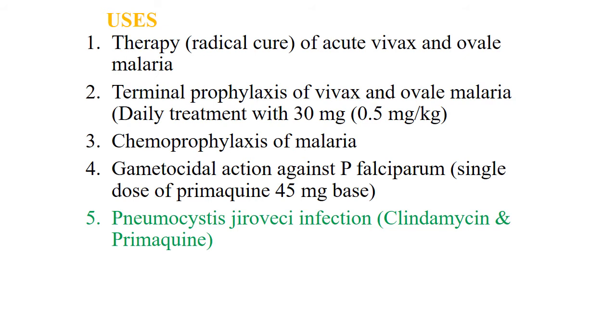It is used for gametocidal action against Plasmodium falciparum; a single dose of primaquine 45 mg base is really effective. Lastly, it is also used in Pneumocystis jirovecii infection, where clindamycin and primaquine are usually given together.